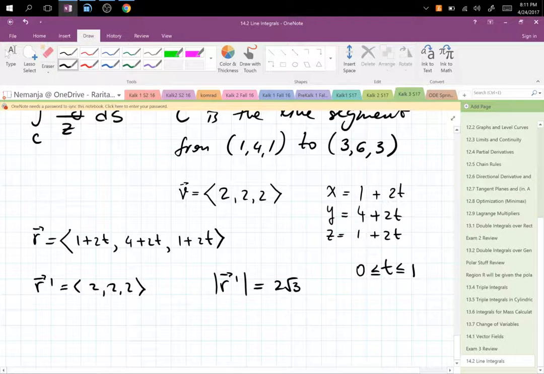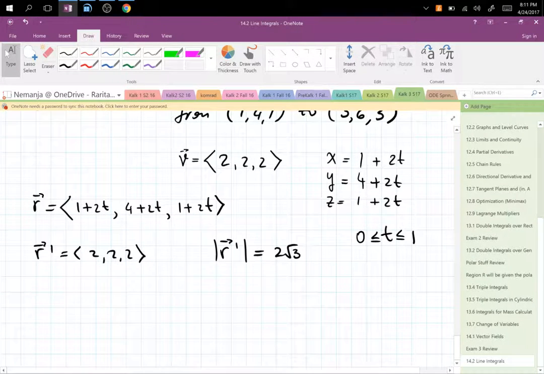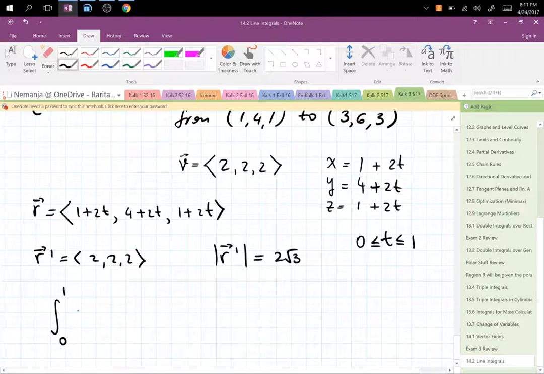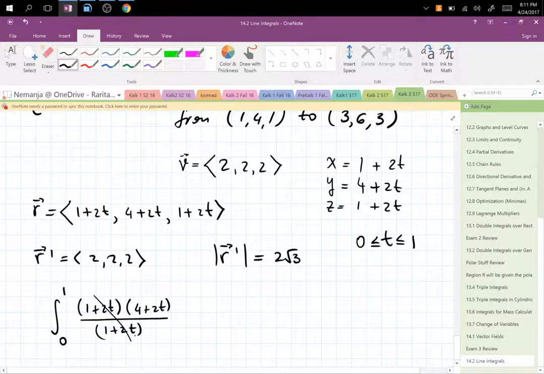Exactly. We need that for the limits of integration. So integral 0 to 1, we have x times y divided by z, so here is x, times y divided by z, oh, don't you love this, times 2 root 3 dt.